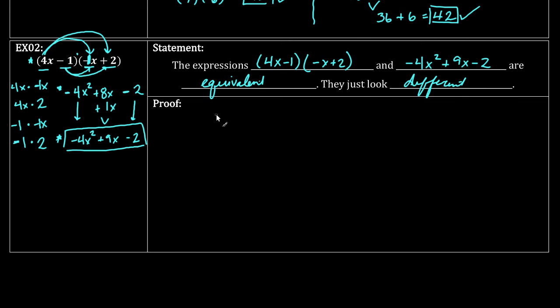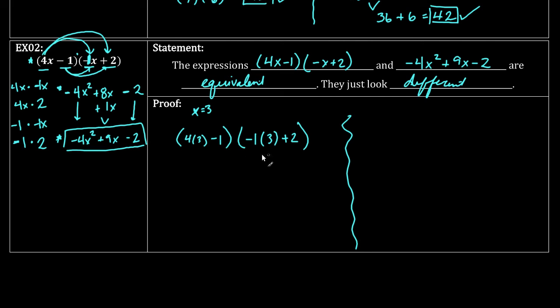Alright, so for this one, I want to substitute in positive 3. Instead of writing 4 times x, I'm going to put 4 times 3. Minus 1 times 3, plus 2. So, inside parentheses, 4 times 3 is 12.